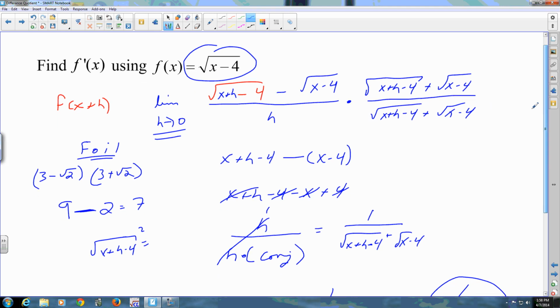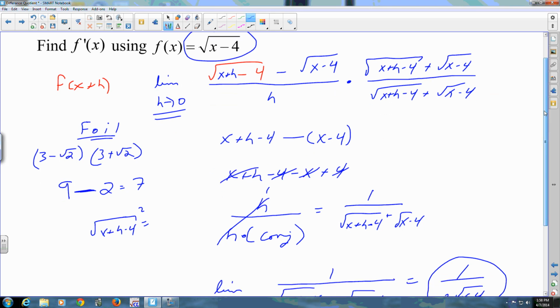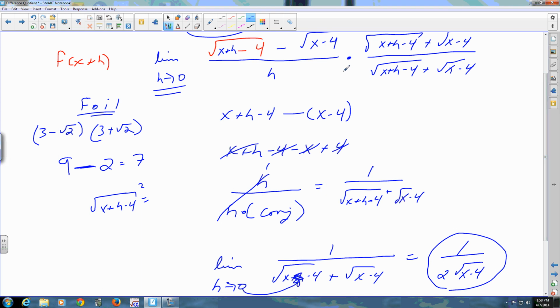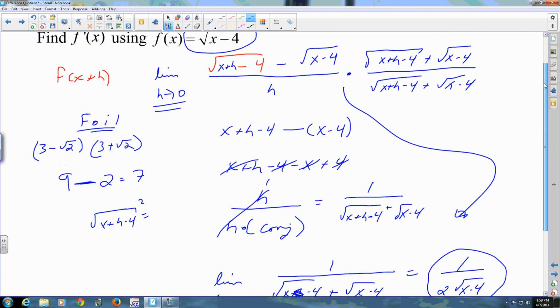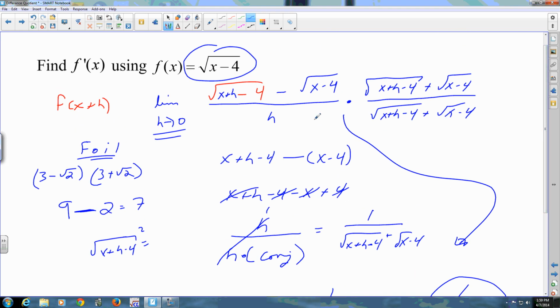Now, I really need to encourage you guys, don't take shortcuts when you're doing this, except for the conjugate part. Yeah, take that shortcut. But I don't want you right now to make any generalizations about this. You need to be careful. You may think, oh, it's just 1 over twice that. Be real careful, guys. You're going to be getting some problems where that's not going to be the case, and you're not going to understand why.